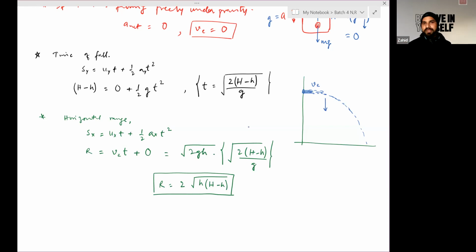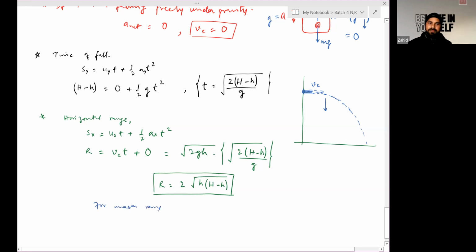Similarly, here, as this range depends upon small h, which is variable, while capital H is constant, just differentiate this part and put it to 0.